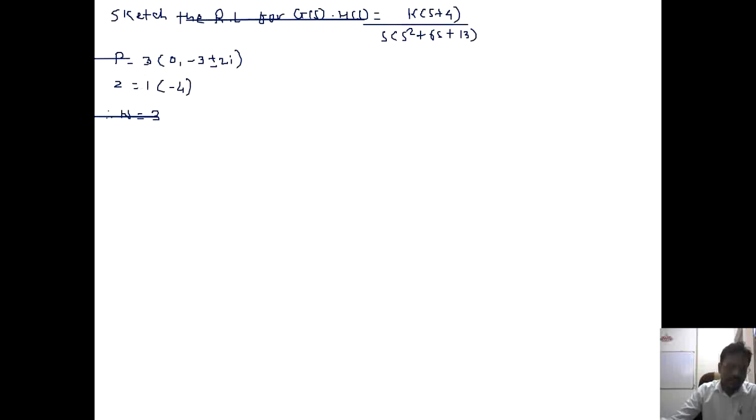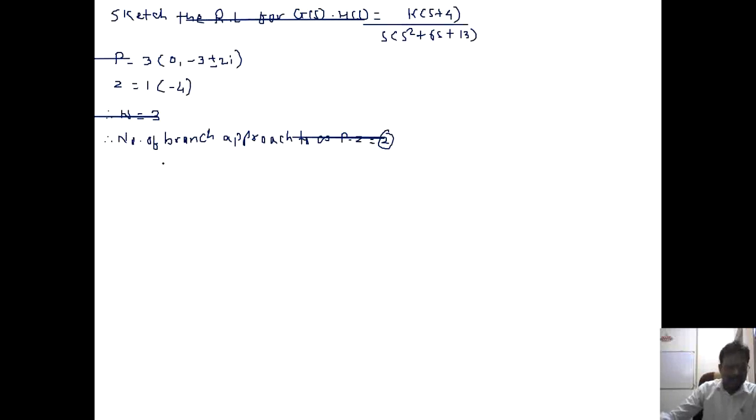So 3 branches of root locus will start, out of which one branch will end at the zero and the remaining 2 branches will approach infinity. Hence the number of branches approaching infinity is p minus z equal to 3 minus 1, that is 2. So 2 branches will approach infinity.